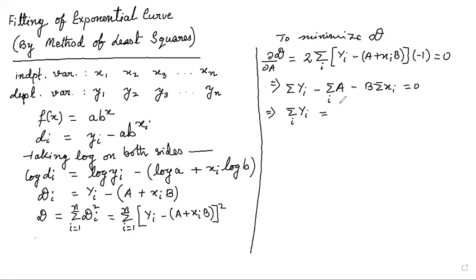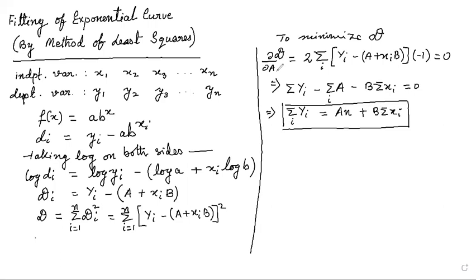So n times A means it becomes NA, or you can write it as AN, plus B summation xi. So this is one of the normal equations to get the best fitted curve or to obtain the values of A and B.